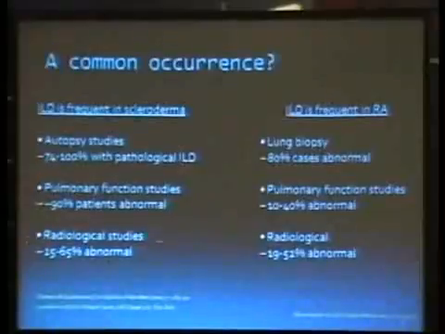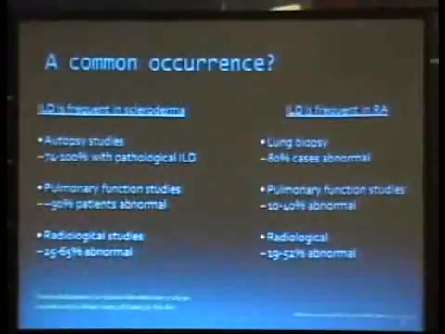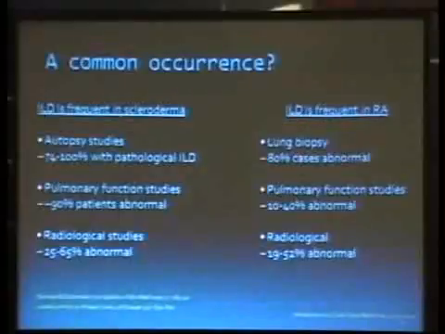And among those who had X-rays or high-res CTs, they found that between 25 and 65% of patients with scleroderma will have abnormal studies. Rheumatoid arthritis is a little less frequent, but fairly prevalent, as you can see from the biopsy, the pulmonary function studies, and radiological findings.